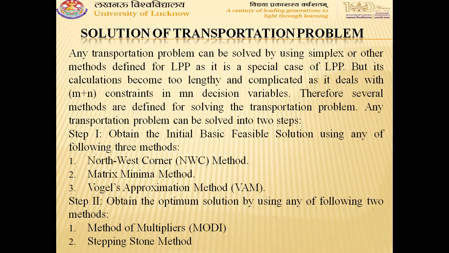And in the second step, by using this initial basic feasible solution, we can obtain the optimum solution to the transportation problem by using the following two methods. One is called the method of multipliers, or the modified distribution method, which is in short called the MODI method, and the other is called the stepping stone method. So today I will discuss how we obtain the solution of the transportation problem using the northwest corner method.